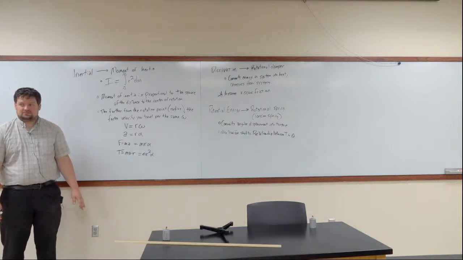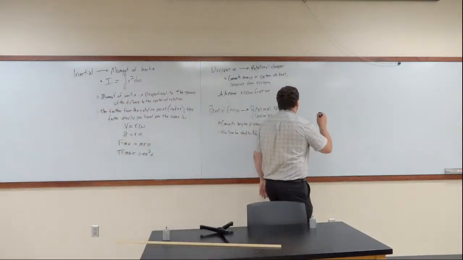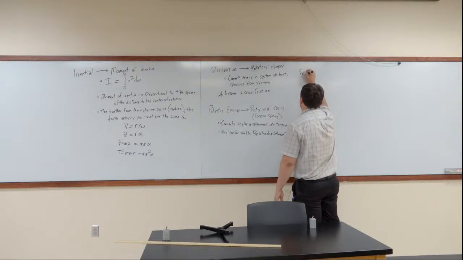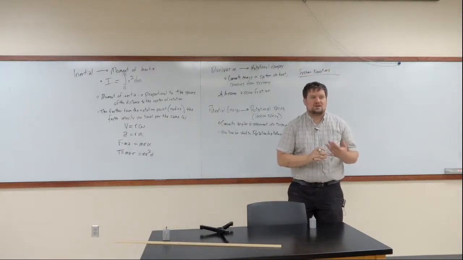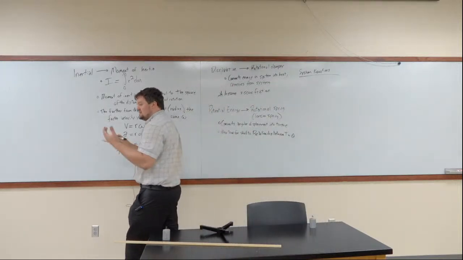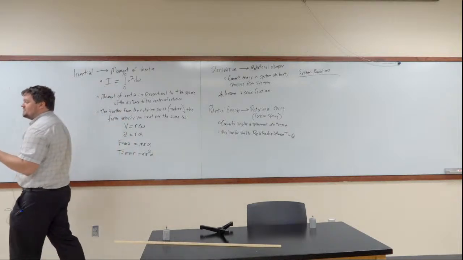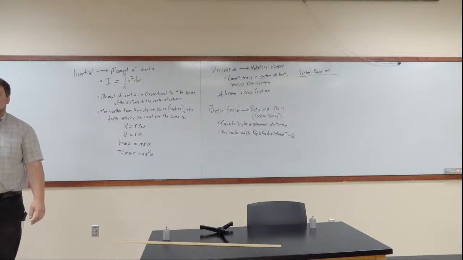Okay. Now let's go on and discuss component equations. Well, no, we'll start with system equations. As we summarized at the start of this class, there are three system equations that we have when it comes to linear translation systems. There are three system equations that we have when it comes to rotation systems.